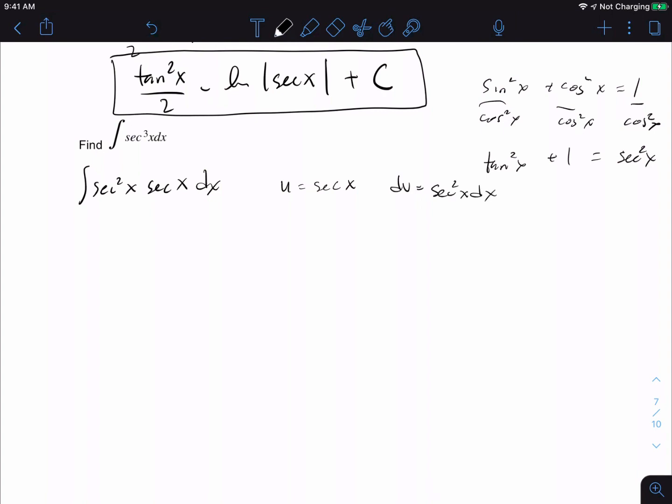And the reason that I'm doing this is because I know that the integral of secant squared dx is what? It's tangent x. It's something that's easy, where the integral of secant x is something that's going to bring me ln's, and I don't want to deal with ln's, right? That's going to get way more complicated, so I don't want to go down that way.